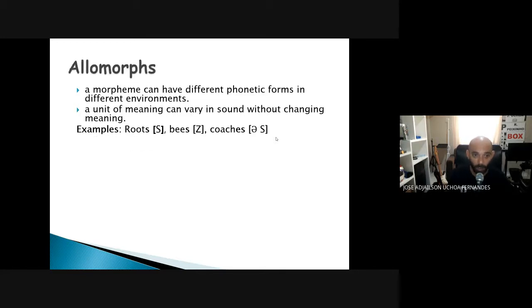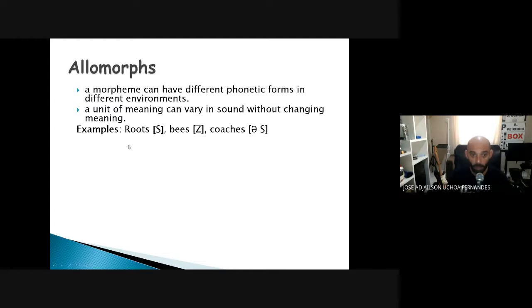So in this case, we call these three different manifestations of the plural allomorphs. Now, what do we mean by allomorphs? Allo means similar, by analogy, something that is not the same but plays the same role. Morph, form. So it's a form that plays the same role in the process of word formation. Is that clear?